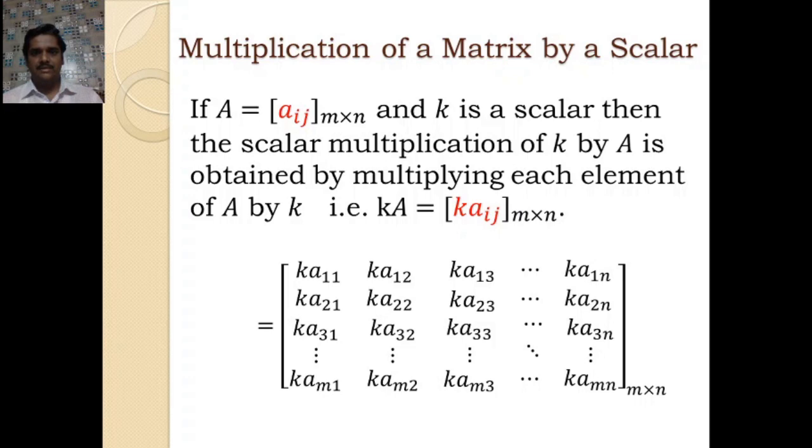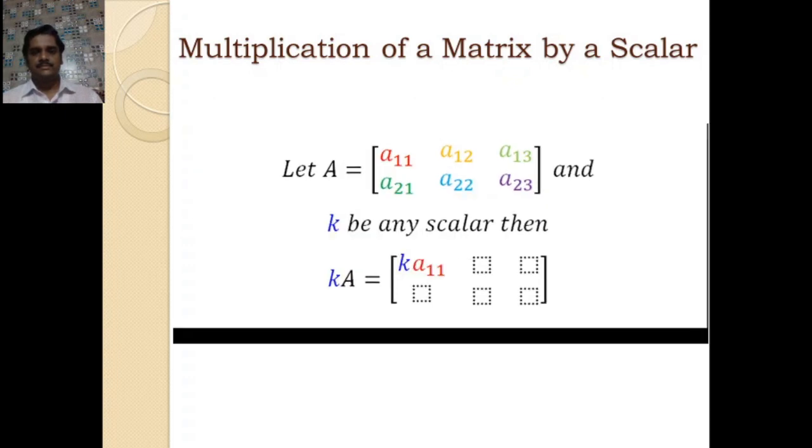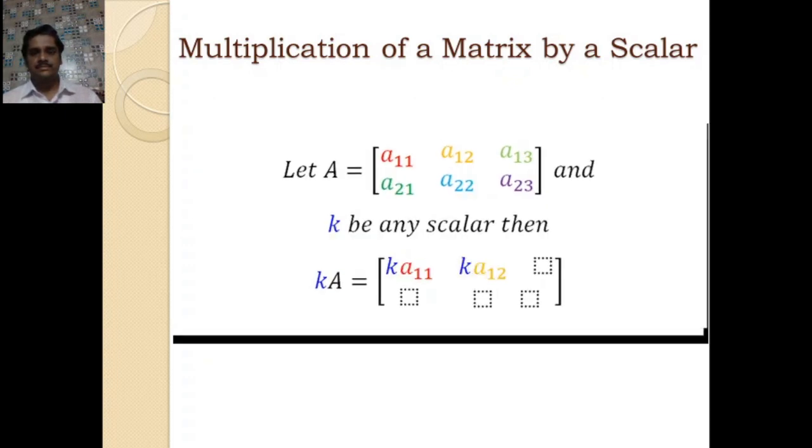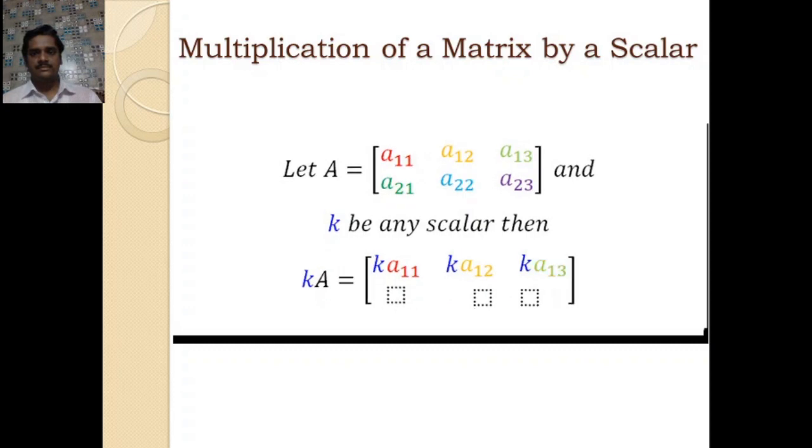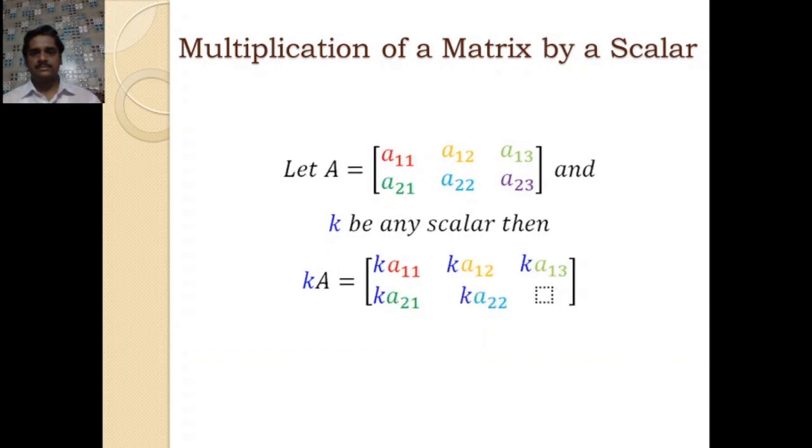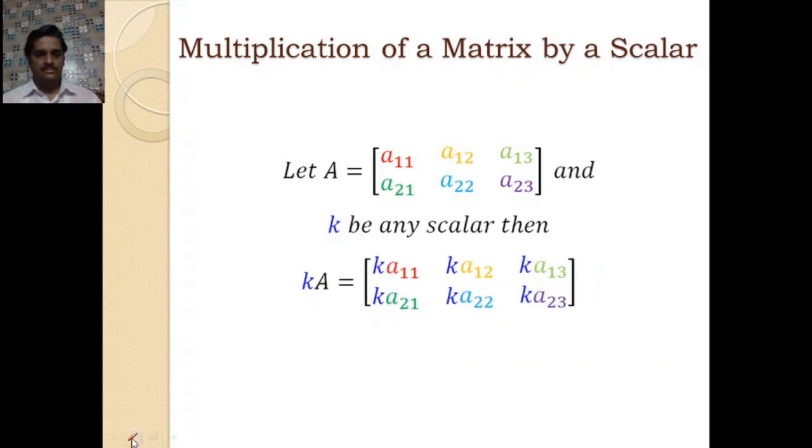Let's see the same thing with a smaller matrix of order 2 by 3 in a GIF image. So I have a matrix of order 2 by 3 over here, and I have taken one scalar quantity K, and I'm going to evaluate K into A. I'm going to perform this scalar multiplication over here.